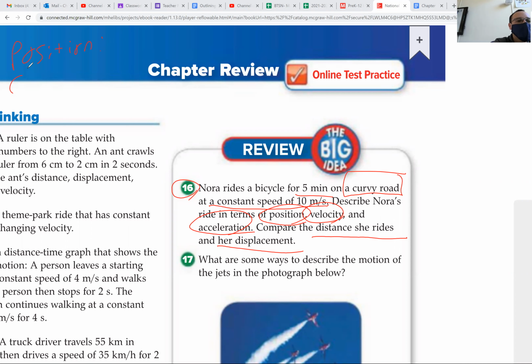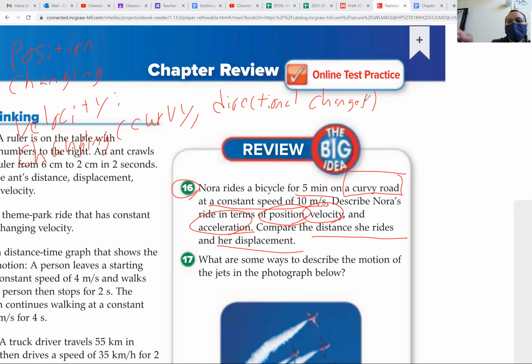Okay, it's always changing. It's not constant. Okay, her velocity, it's also changing because the road is curvy. Okay, so directional changes. All right, that's the issue. Okay, then you've got acceleration.